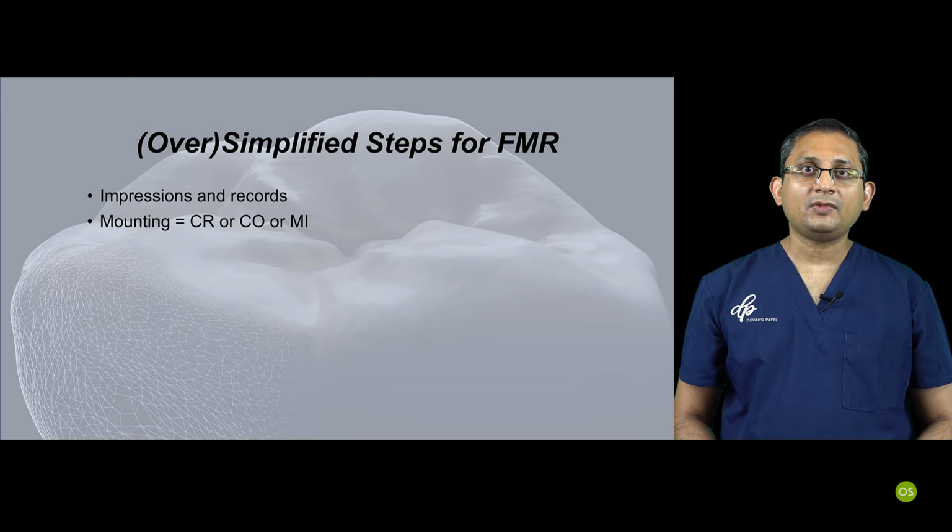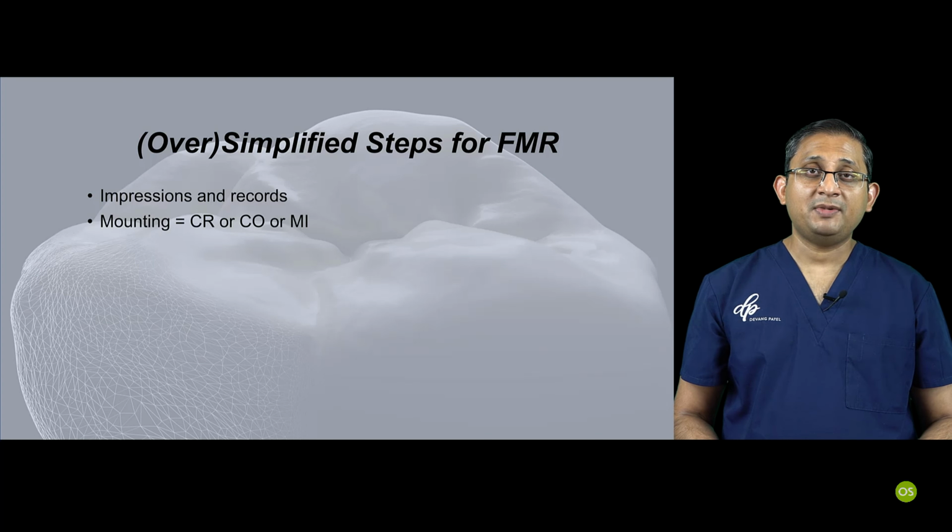If my first point of contact is good enough and I have enough restorative space when the patient closes in that first point of contact, then it becomes easier to treat that patient because the adaptability is much easier, as you're not opening the vertical dimension. However, I wouldn't be worried about opening vertical dimension at all. I've opened vertical dimension as far as 5 millimeters and there are no issues with that.